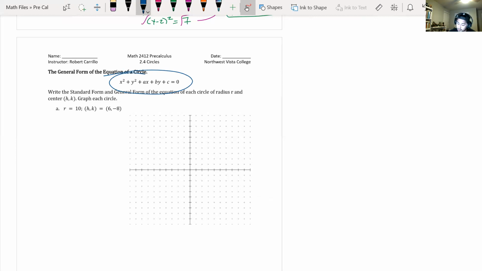So our job, when we get to the problem, is we're going to take the general form and put it back into the standard form. And the only way to put it back into the standard form is to complete the square. You will complete the square to create the equation of a circle.